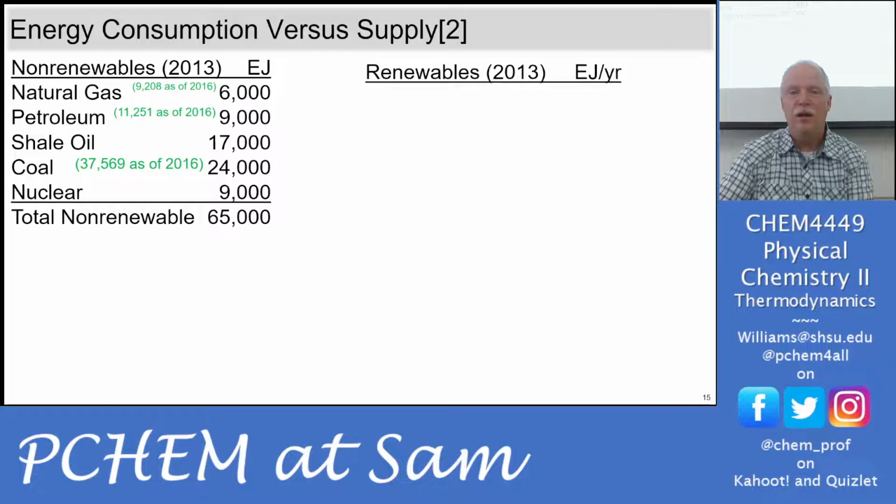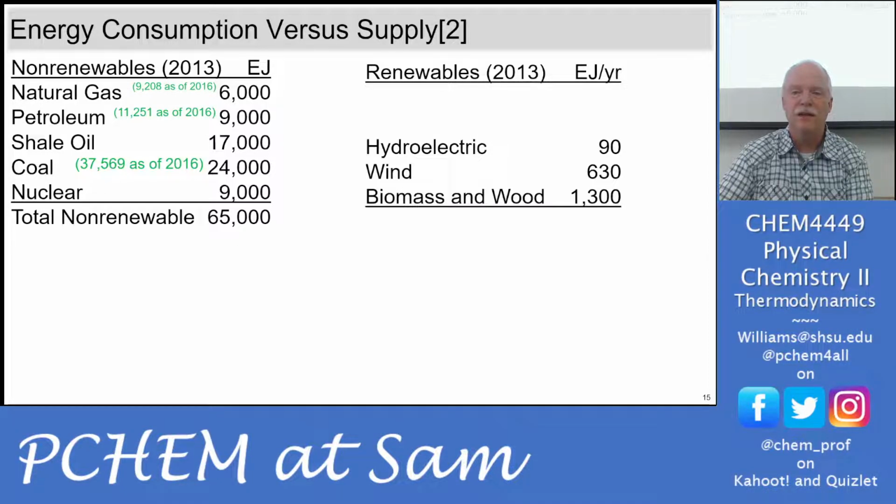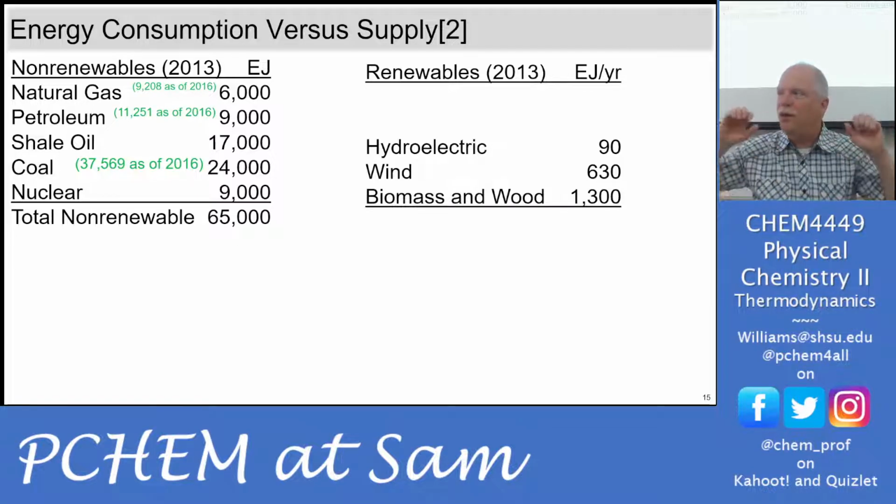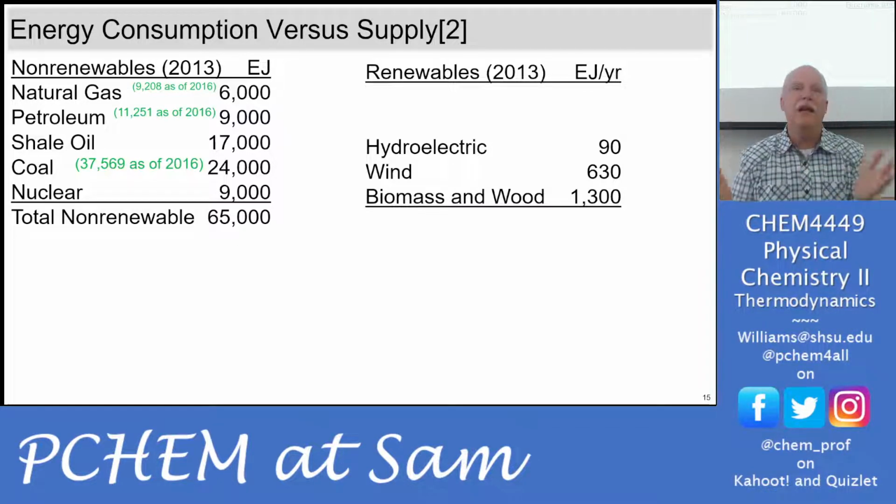Okay. Renewables, hydroelectric 90, wind 630, biomass and wood 1300. So the World Energy Council, looking at hydroelectric, they were saying there are certain regions where this makes sense. If we were to utilize all of them, we could get 90 exajoules a year out of it. Like, you're not going to get hydroelectric out of Texas, really. We don't have hot springs.